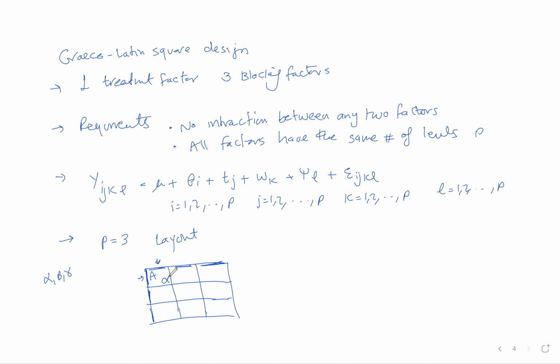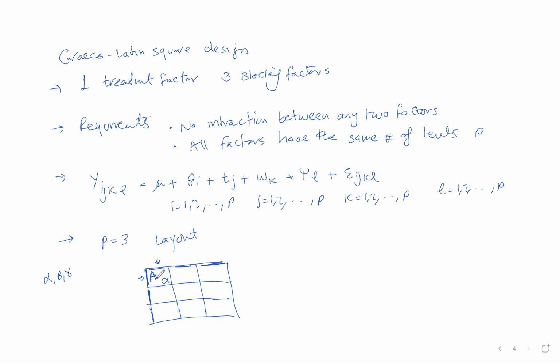You need to assign these such that each treatment appears only 1 time within each row and only 1 time within each column. And each combination of the third blocking factor and the treatment factor appears only 1 time. So in this case, I see A alpha. I shouldn't see any A alpha again, and so on.